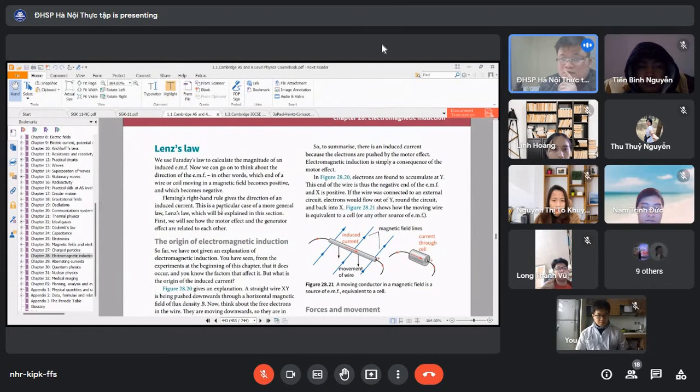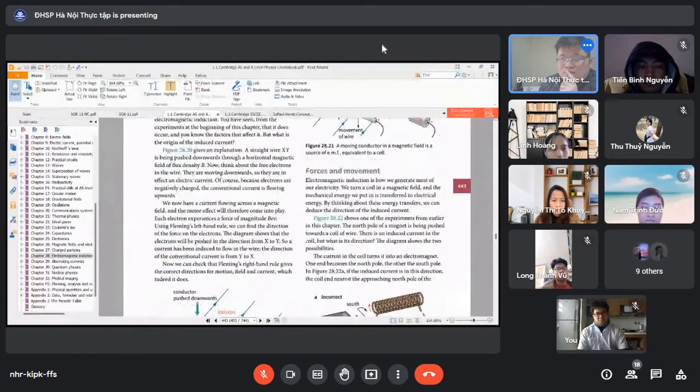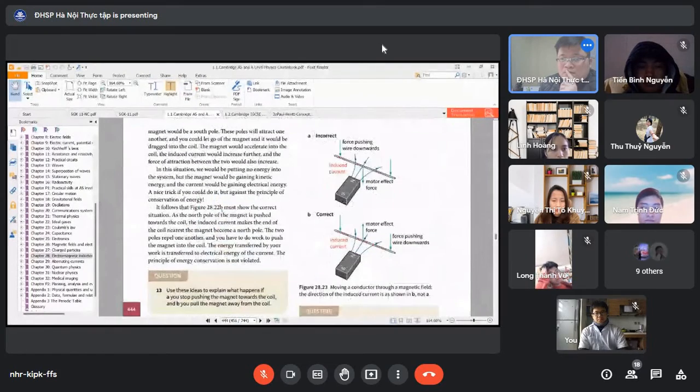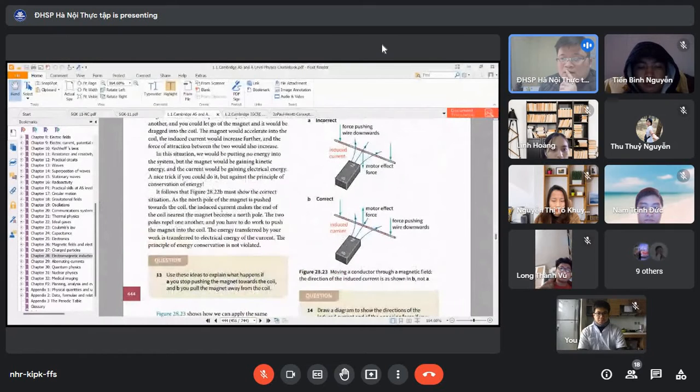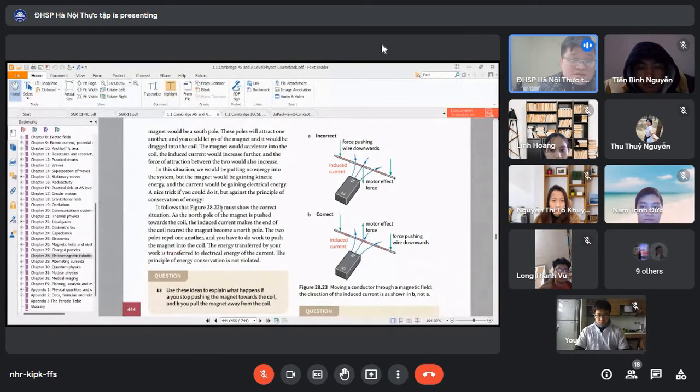So that's Lenz's law. And I know this is a very theoretical way to define the current. You cannot measure the current in this case. That is very much conceptual.